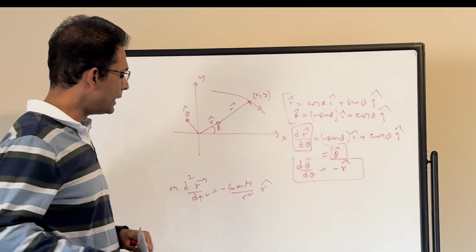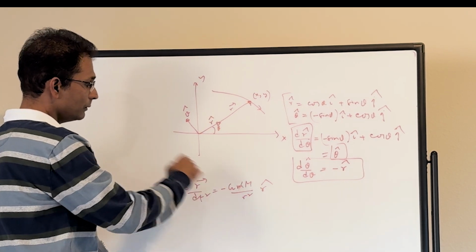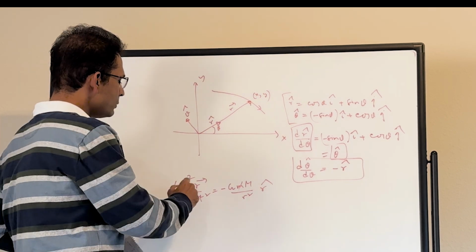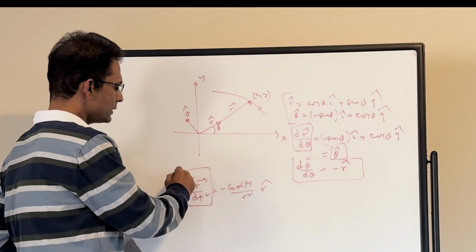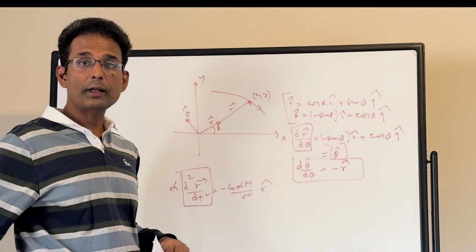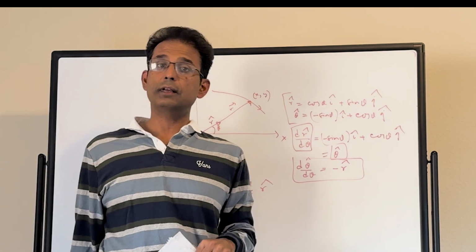Now what I'll do is focus, first of all, mass cancels out, so you have a simpler equation. And I will write what I have here on the left side in terms of r hat and theta hat, and you'll see that will simplify things a lot.